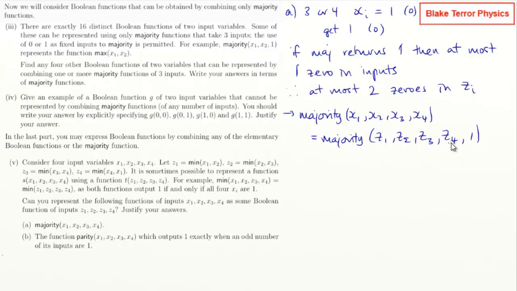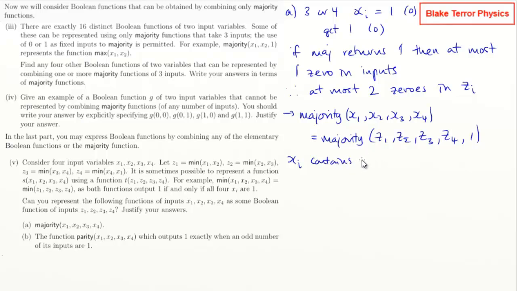And then for anything else, we're going to get zeros coming out, aren't we? Because if we had 2 zeros amongst the x's, then what are we getting? That means we'd have 3 zeros amongst the z's. Right, so if x_i contains how many zeros?